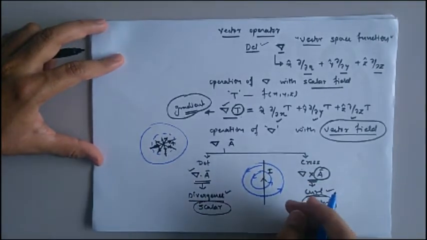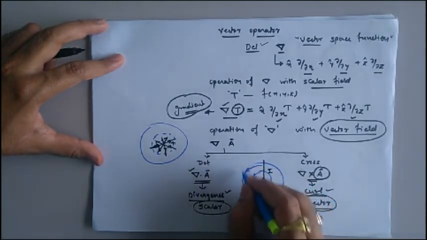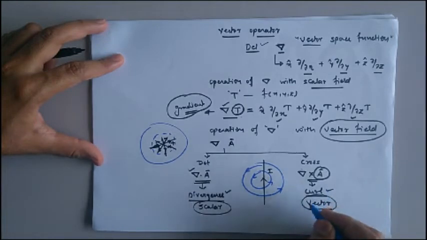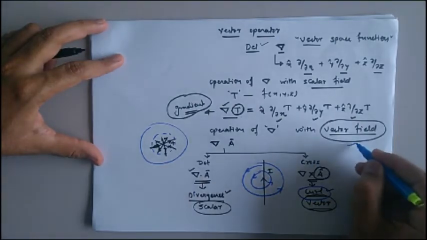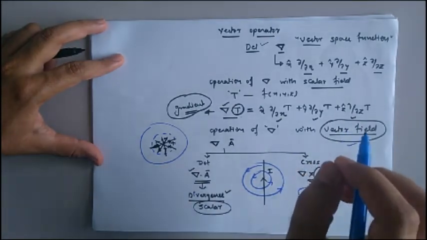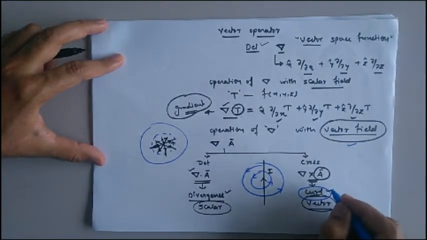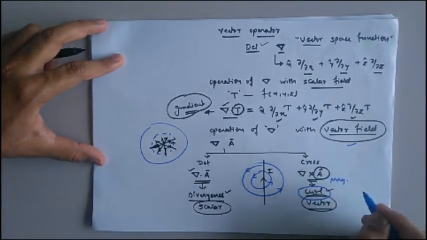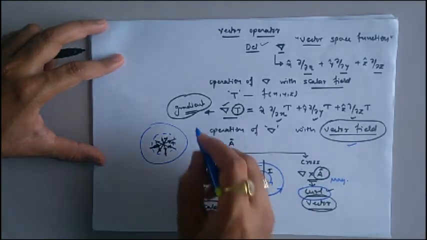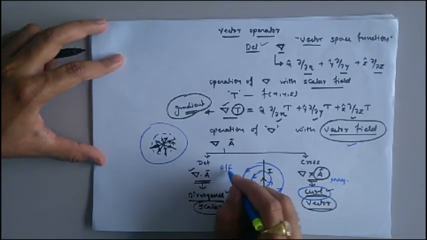Now if you are interested to calculate how this magnetic field rotates, in that case we need to apply the concept of curl. So curl is basically used to study how the given vector field is going to rotate in a given three-dimensional Cartesian coordinate system, and normally the curl operator is used to study the behavior of magnetic field, whereas divergence or gradient are normally used to study the behavior of electric field.